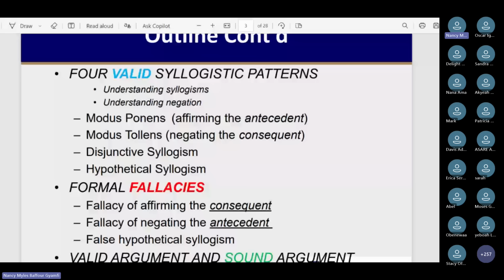And so it becomes an affirmation of the consequent. We'll get there shortly. Just look at the names. So we have formal fallacies, and that is what? A type of deduction done incorrectly to create an invalid argument. Good. So we can now go back to our slide where we were.